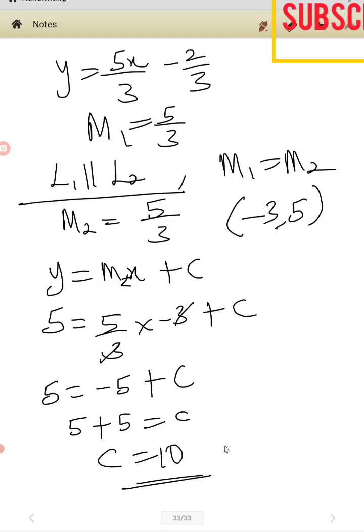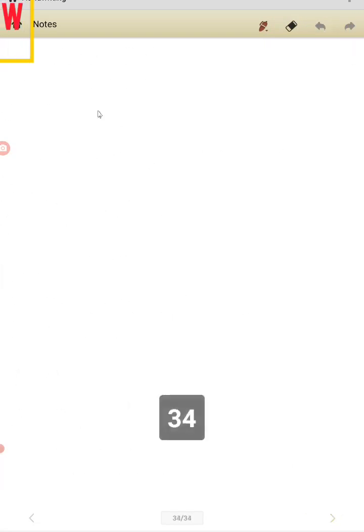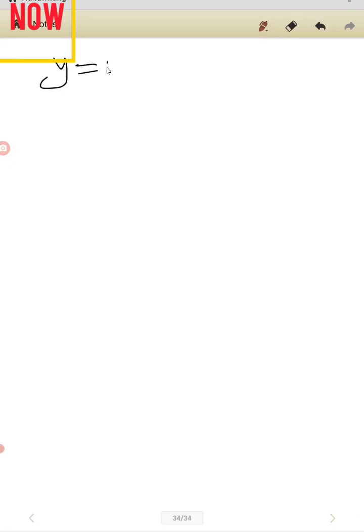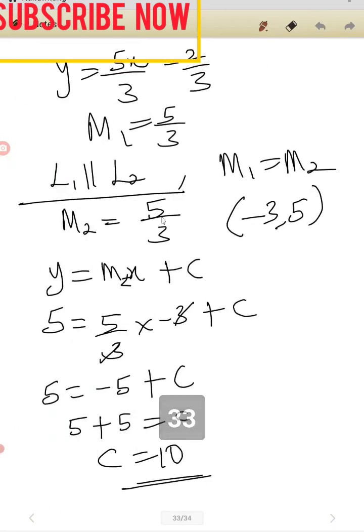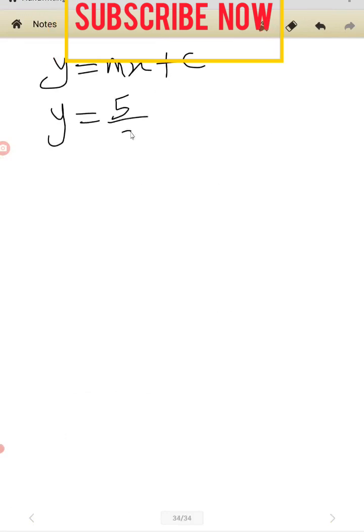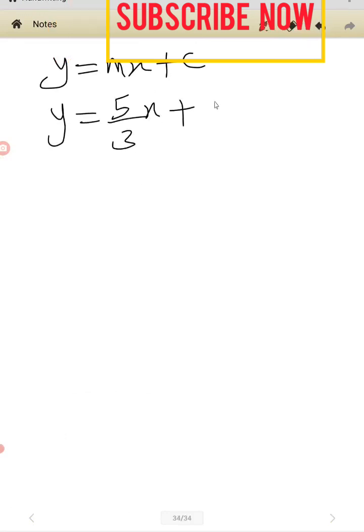Now, if c is equal to 10 and we have the gradient m2, the formula to find the equation of a line gives y equal to 5 over 3 x plus 10.